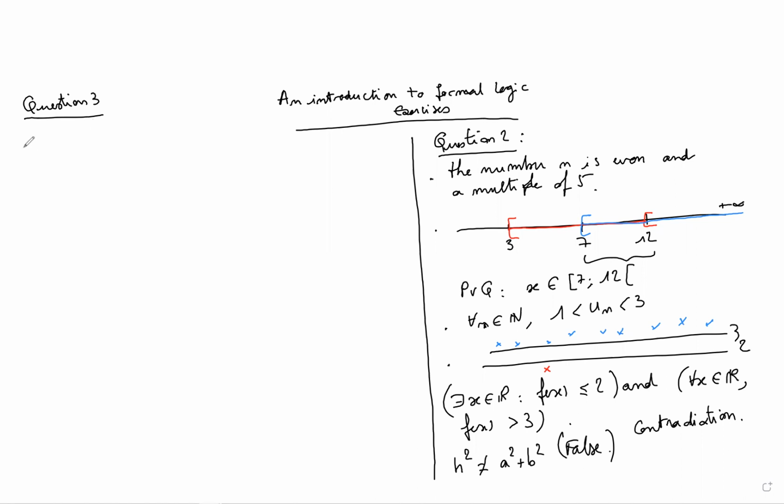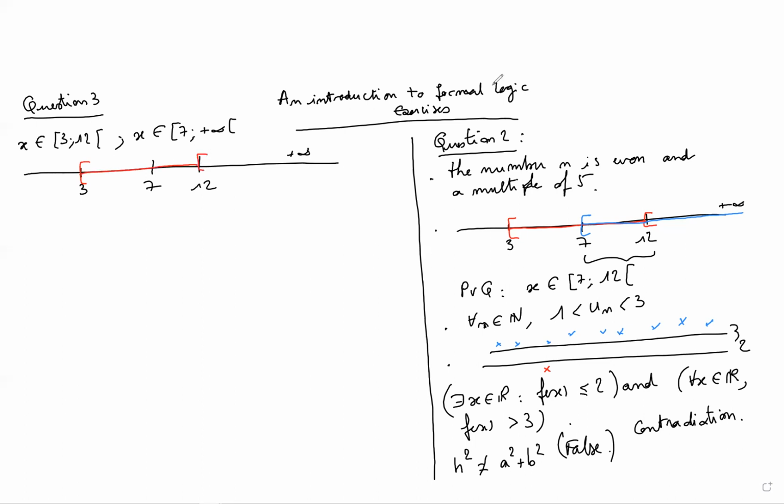Second one, I'm going to make a drawing like last time. Your statement P is x is between 3 and 12. Your statement Q is x is between 7 and infinity. So 3, 7, 12, infinity. Between 3 and 12, and I don't take 12.